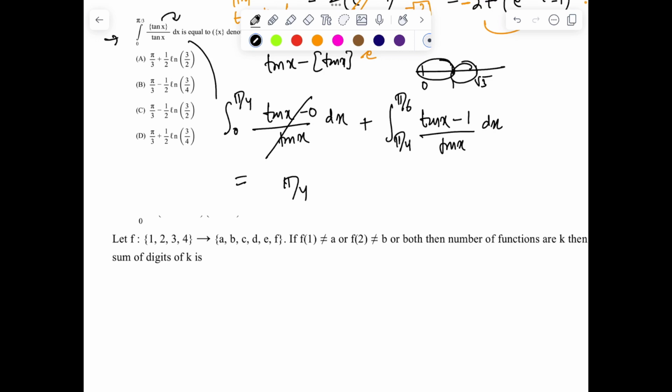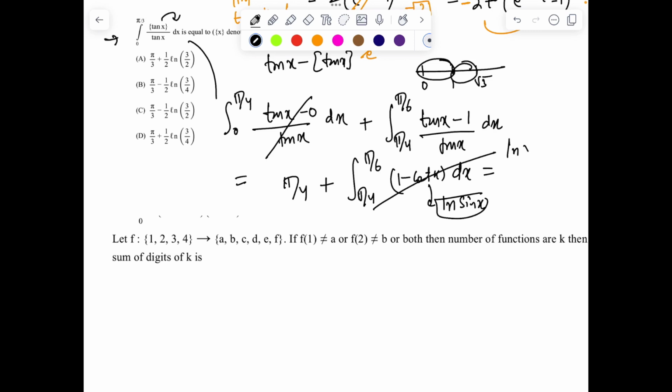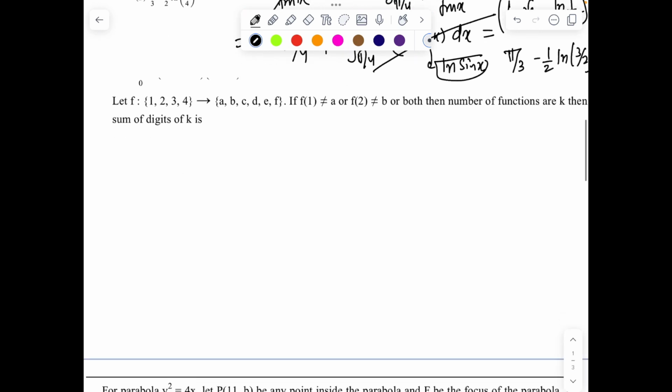This integral is just pi by 4, and the other integration is pi by 4 to pi by 6 of 1 minus cot x dx. Now the cot x integral is ln sin x. So using this information, the second integral is ln root 3 by 2 minus ln 1 by root 2. So finally we got pi by 2 minus pi by 3 minus half ln 3 by 2 as the answer.